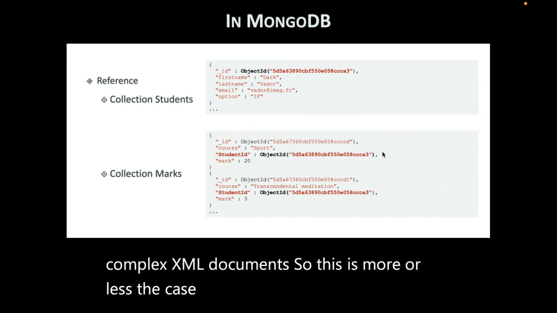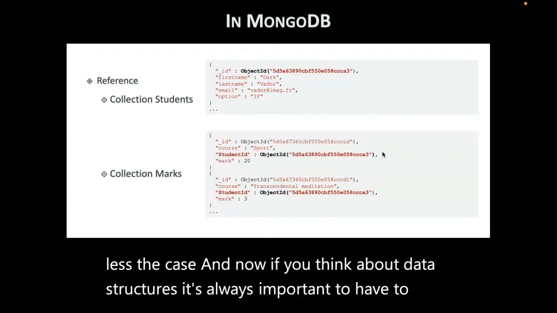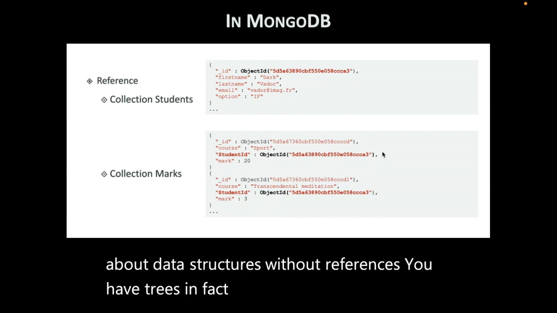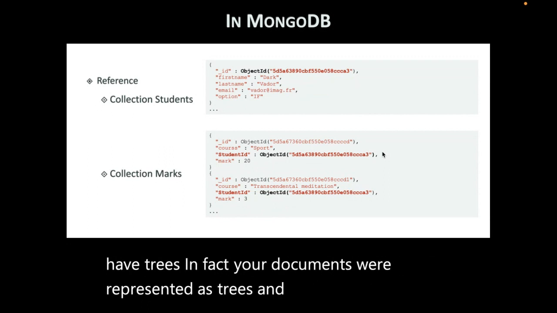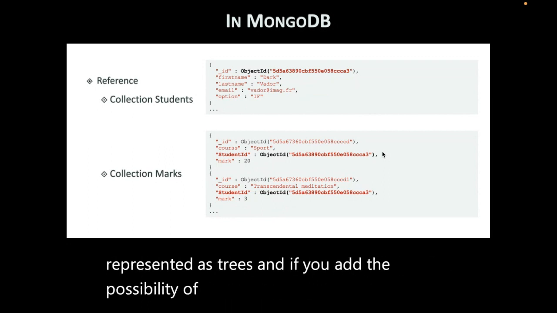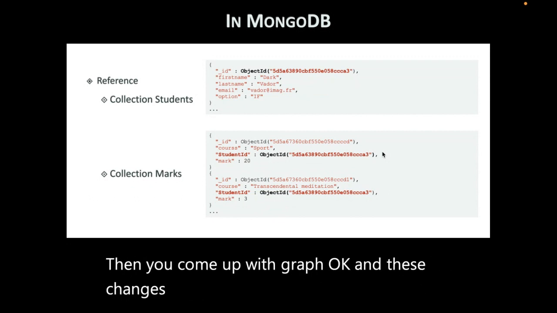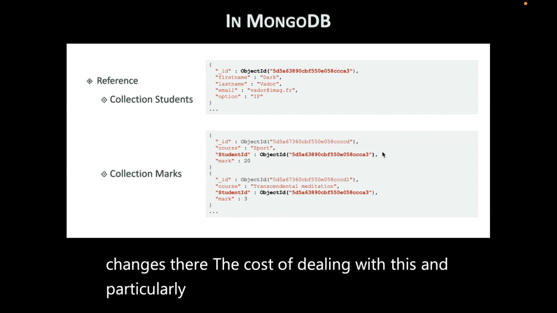And now, if you think about data structures, it's always important to think about data structures. Without references, you have trees. In fact, your documents were represented as trees. And if you add the possibility of referencing objects among each other, then you come up with a graph. Okay, and this changes the cost of dealing with this, and particularly navigating through the different documents.